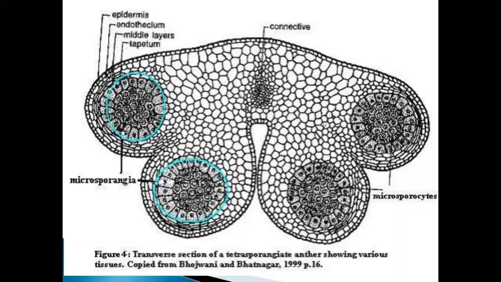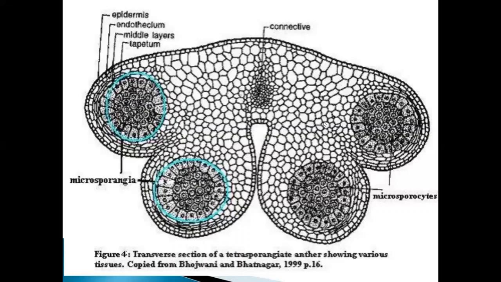You can imagine the complete flower: the stamen, filament, connective, and slender parts, all of which we'll observe in flower anatomy.